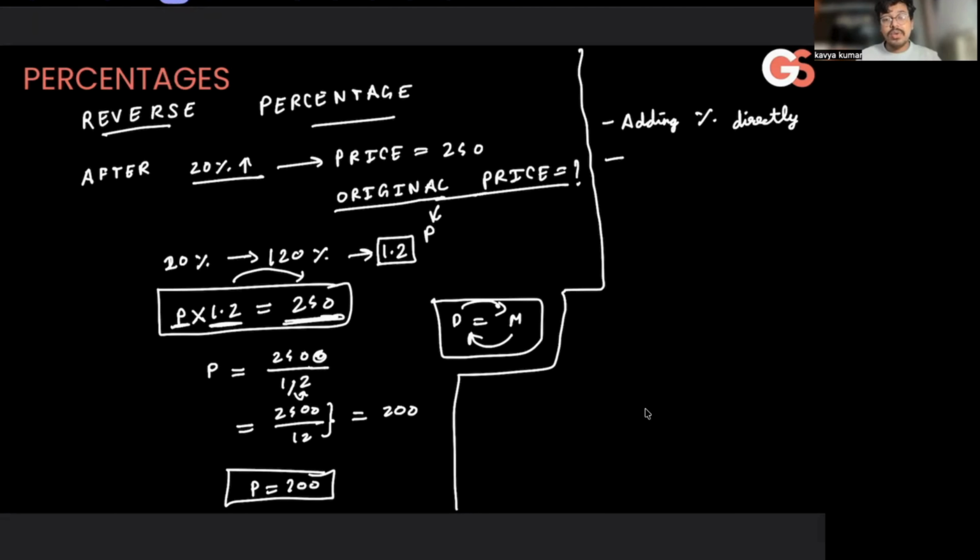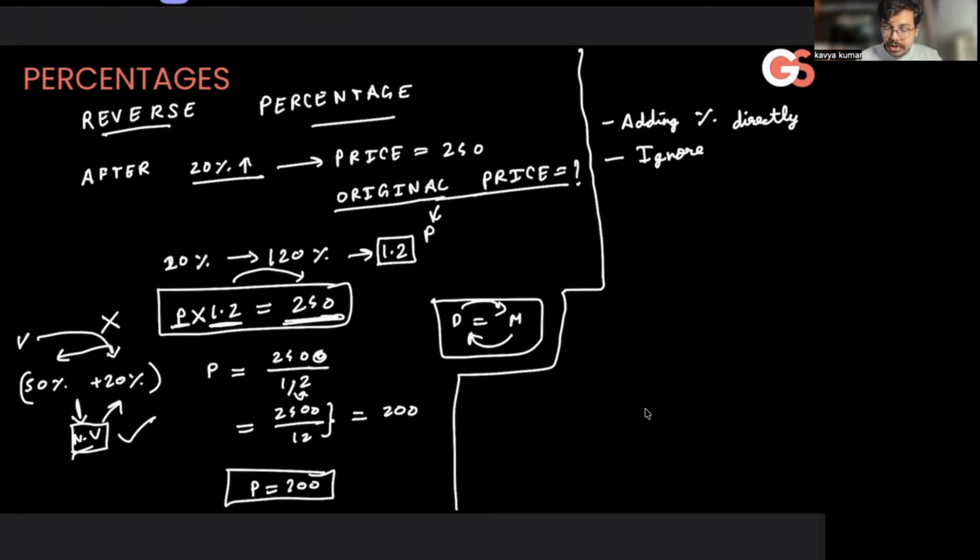Other thing is they ignore change in base value. Change in base value means if I say that you are given 50% plus 20%, there's a sale of 50% and plus 20%, you just have to understand that the new value, इस new value पे ये 20% calculate होगा. You don't have to calculate the original value. इस पे ये पूरा calculate नहीं करना है. This is wrong. This is right.